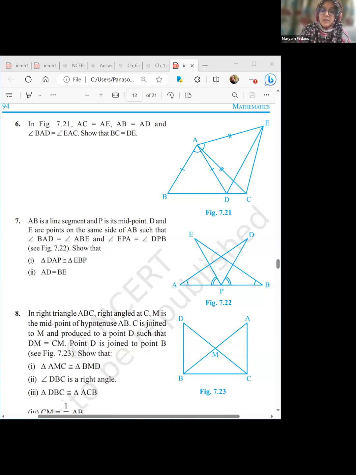Next, what else is equal? Angle EPA equals angle DPB.